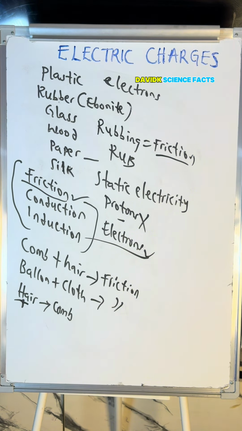Now, you may ask, why do we use plastic comb? We use plastic comb because plastic holds extra electrons easily, while dry hair gives up electrons more easily. Do you understand?